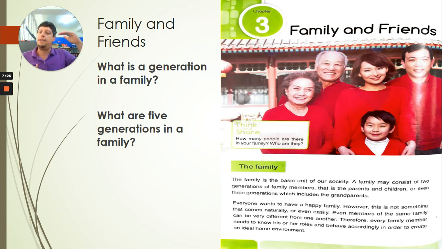So generations are the different levels of family that are still alive. We normally talk about generations of the people who are still alive. But even if they're no longer alive, they're still part of the generations, because they're still part of the family levels.